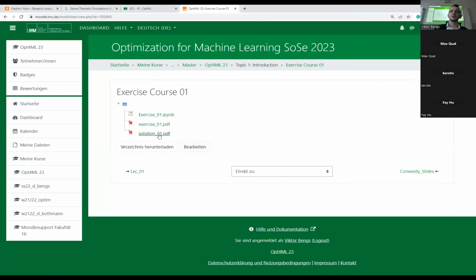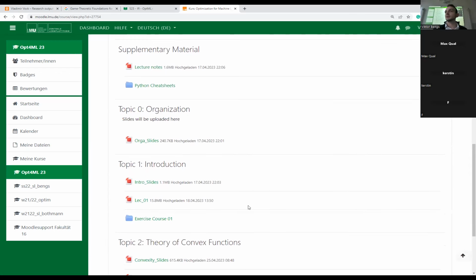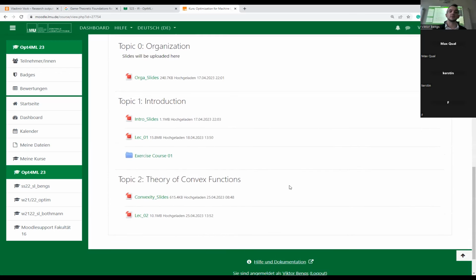I don't know whether this will work out every week, but let's stay optimistic. I will upload it in our exercise course folder, where you can also find the Python notebook for the practical exercise, so you can do your own notes during the exercise course or later on, however you prefer.